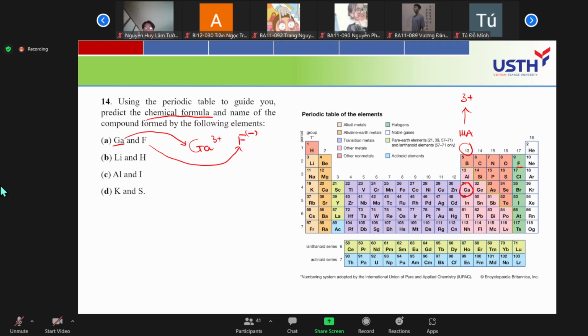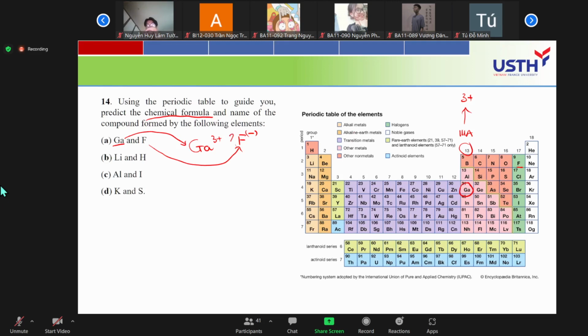So when the positive ion gallium 3+ and fluoride minus stay close together, electrostatic force will let the two ions bind together. But the rule is, because gallium has 3+, the gallium ion has the capability to attract 3 fluoride.